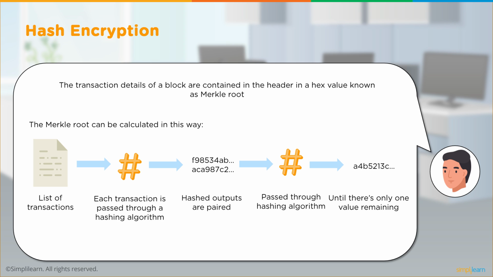So the transaction details of a block are contained in the header in a hex value known as the Merkle root. The Merkle root can be calculated in this way. Each transaction in the list is passed through a hashing algorithm. Then all the hashes of the transactions are paired and again passed through another hashing algorithm until only one value remains, which will be the root.